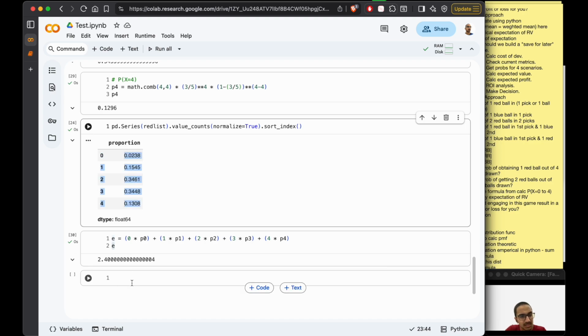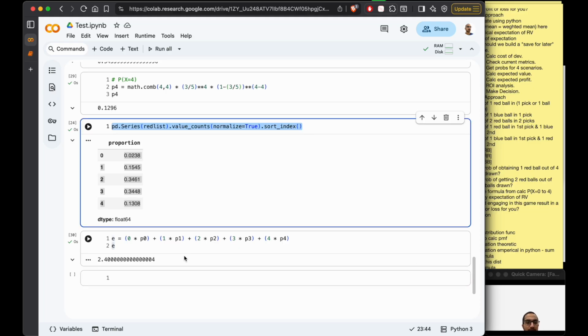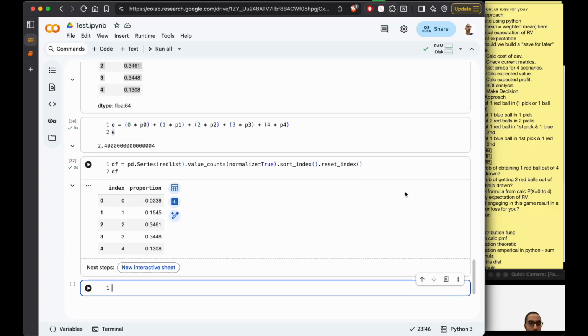That will give us somewhere pretty close to this number. So I'll do something like reset index.